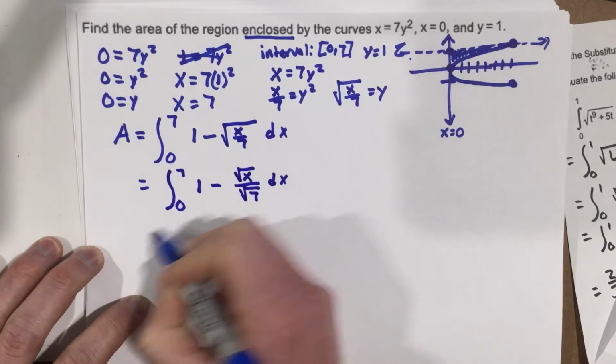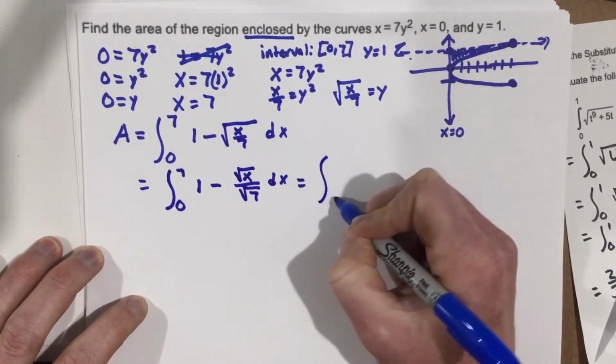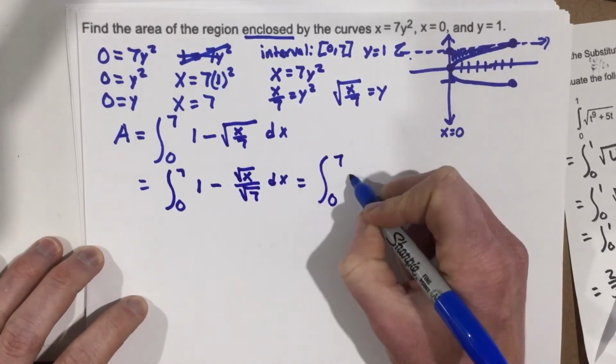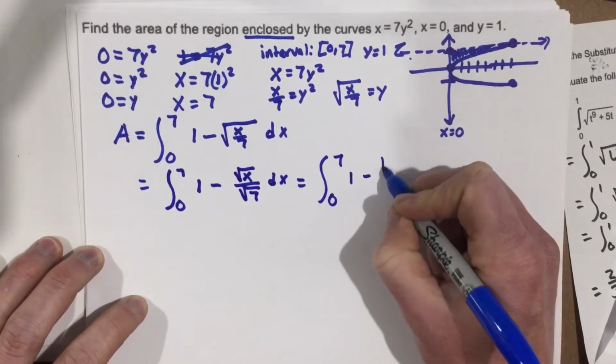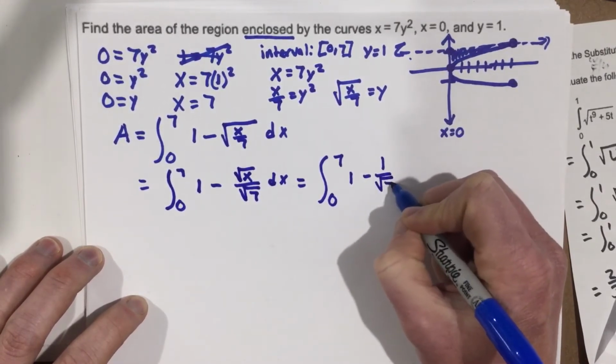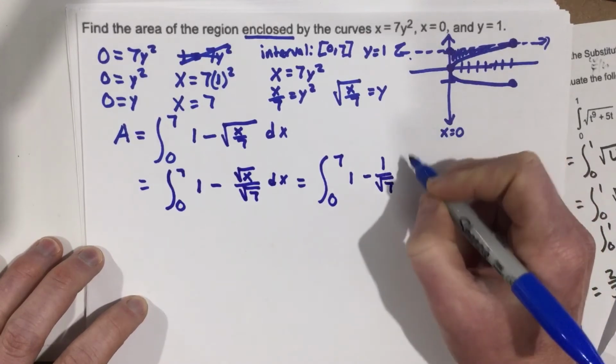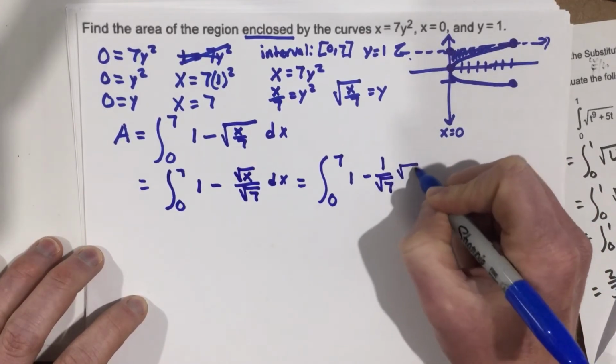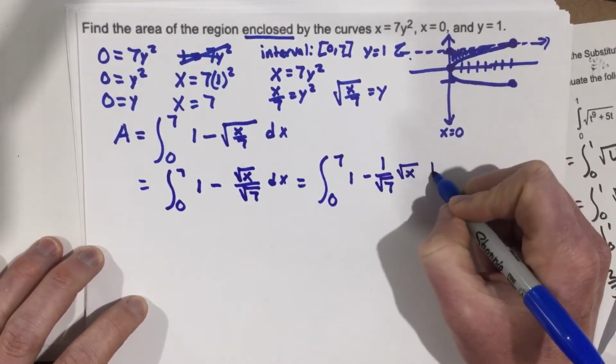And then I'm going to write this as the integral from 0 to 7 of 1 minus 1 over root 7 times root x dx.